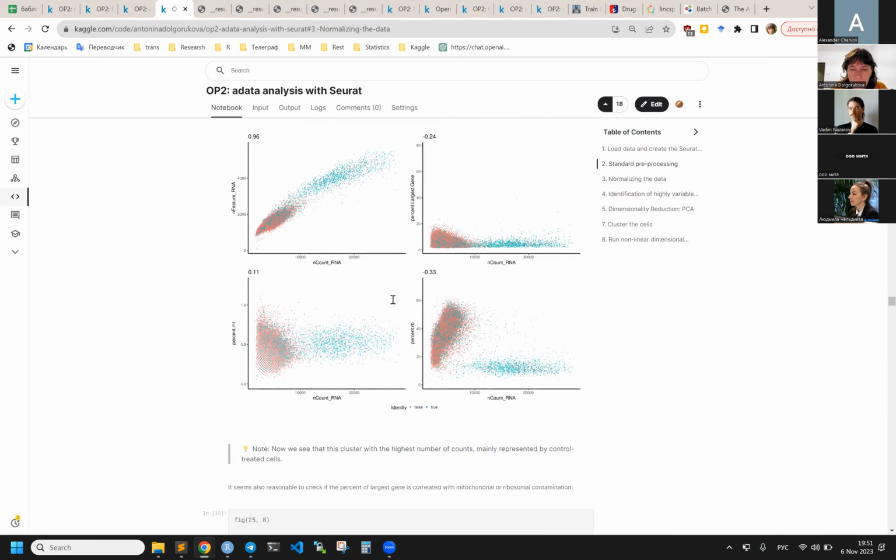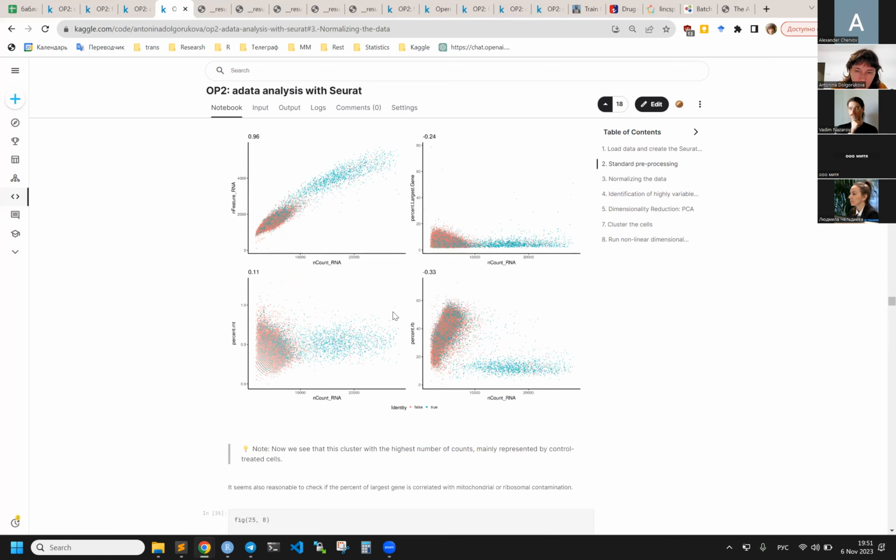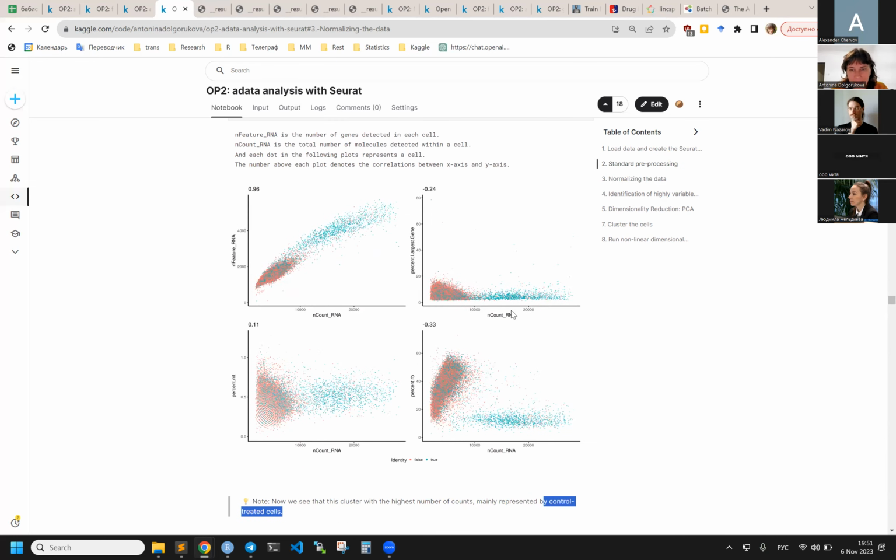Now we plot the same but color it by control, and we see, as we already figured out, that our distinct cluster mostly comes from control-treated cells. But which control? Is it positive or negative? Both. It didn't come to my mind to divide the control into 3 groups.